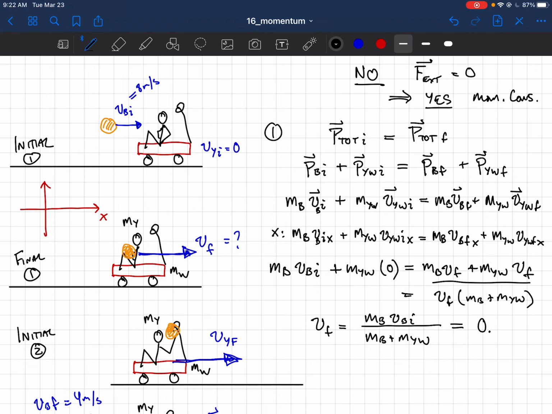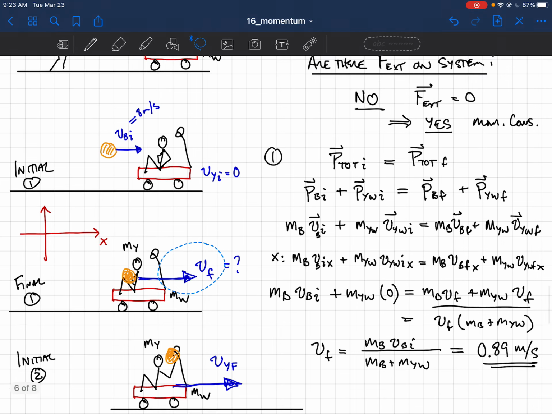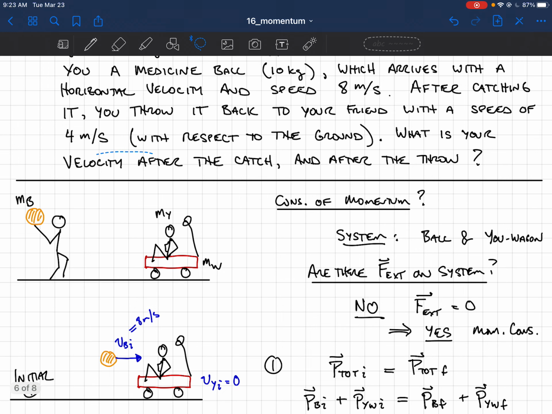And that comes out to be 0.89 meters per second. So certainly I shouldn't have drawn this vector so big. Sorry, I'm talking about this vector here as compared to this one, because this is 8 and this is about 1 here. So the speed is much smaller, but there is some speed and it's rightward. So we found it. Okay, that was the answer to the first question.